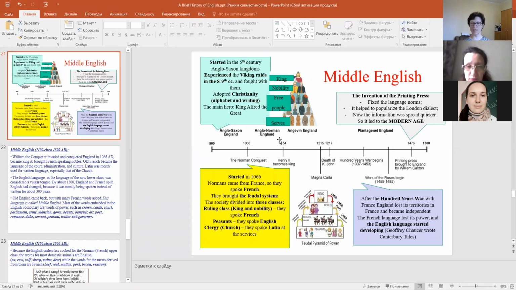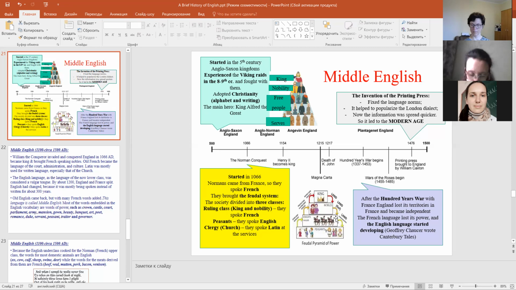Good. Okay, Marina, tell me please about the society before the Norman conquest. The society before the Norman conquest divided on king, nobility, free people, and serfs. Serfs. Very good. And now, after the Norman conquest, how did this change?